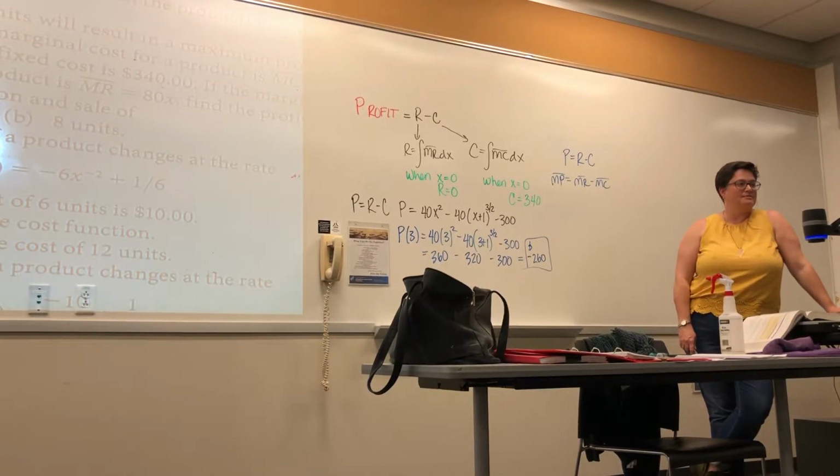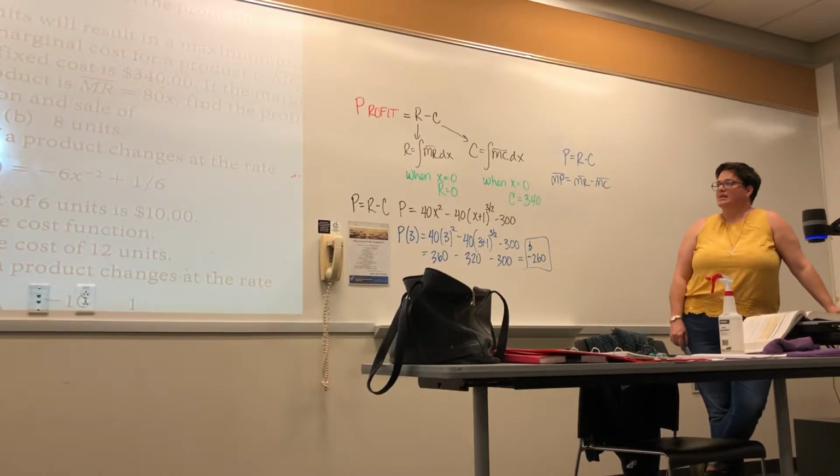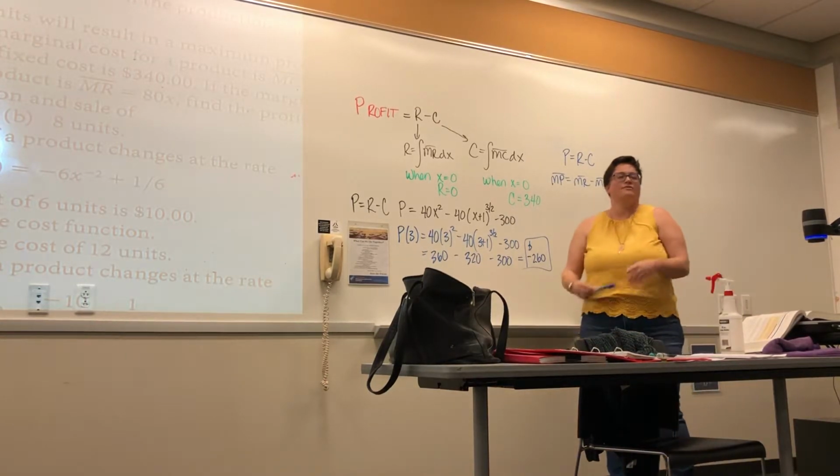Does that make sense? Quick question. So for the revenue, the nugget is always going to be 0, 0, and if they don't give you a nugget, then you assume it's 0? No. How did you get the x equals 0 for the cost right there? It was stated in the problem, fixed cost is $340.